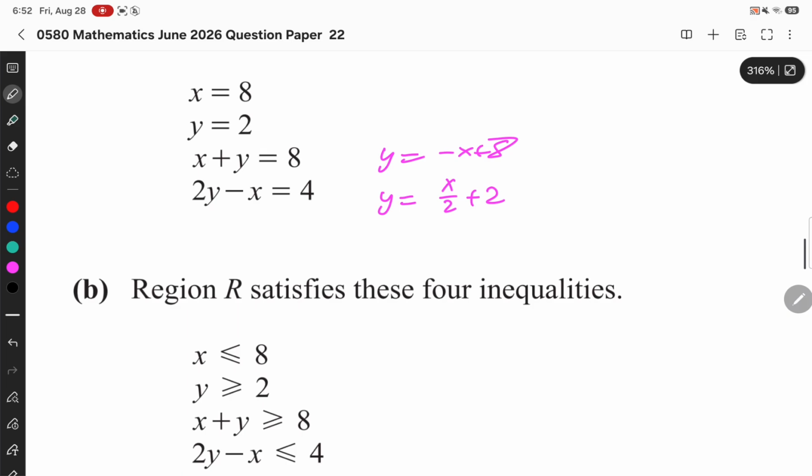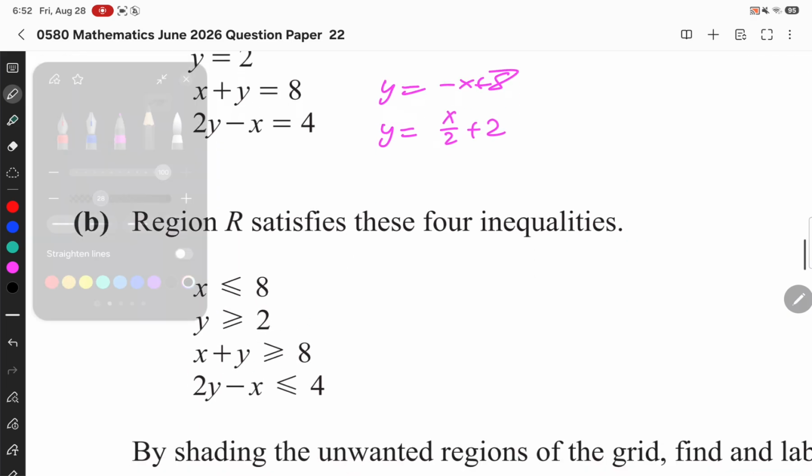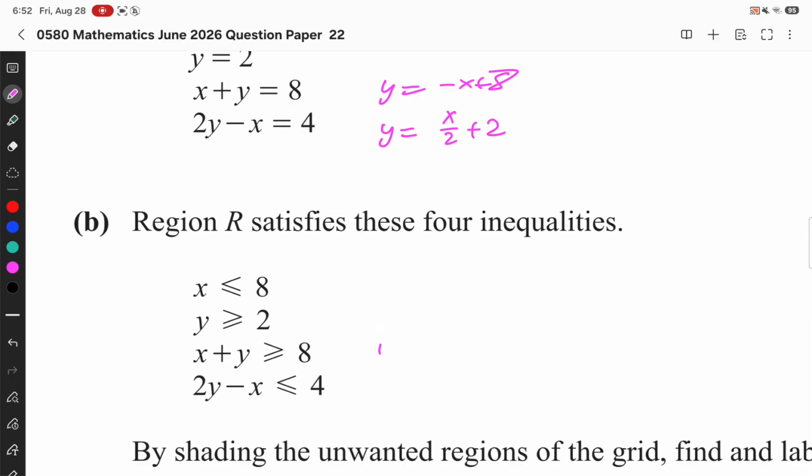So this equality sign remains. So what is this equality sign? Yes, y is greater than or equal to negative x plus 8. y is less than or equal to x over 2 plus 2.